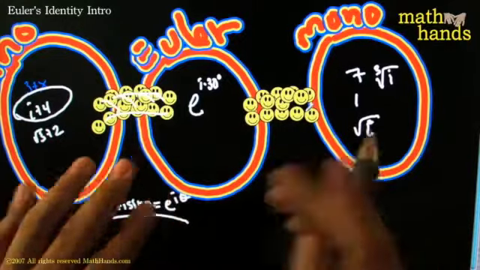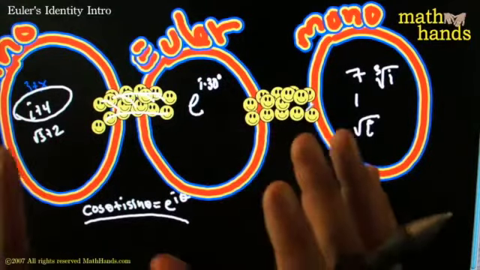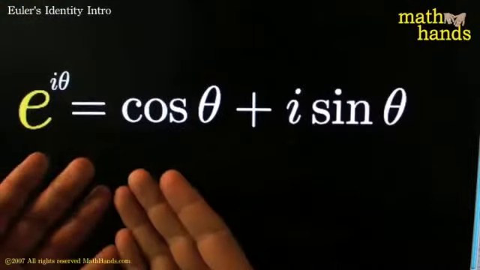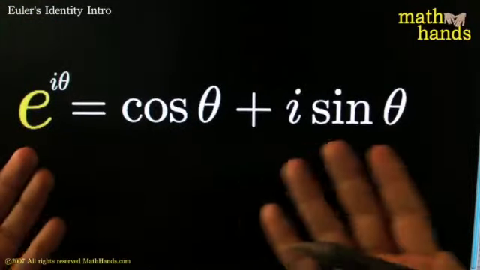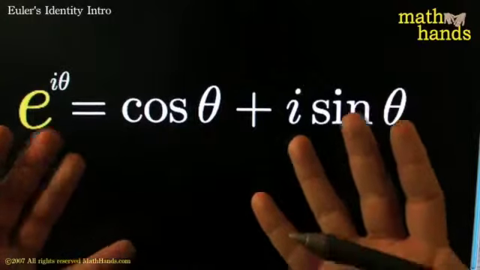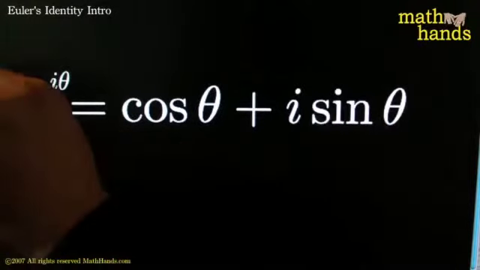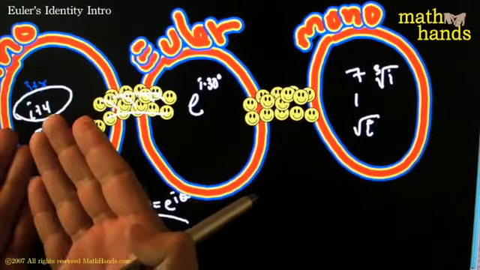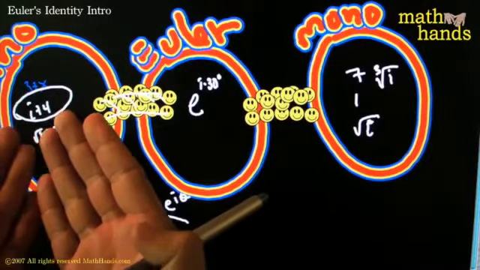And the great bridge that unites these two worlds is this equation: if you have cosine theta plus i times sine theta, you can rewrite that as e to the i theta. This is the uniter. This is the bridge that unites the two worlds.